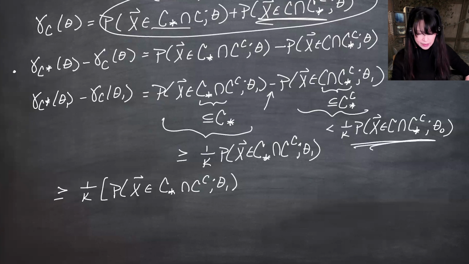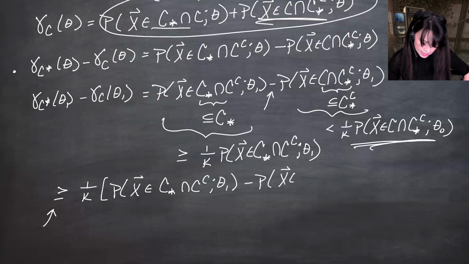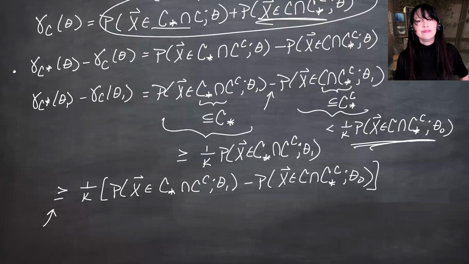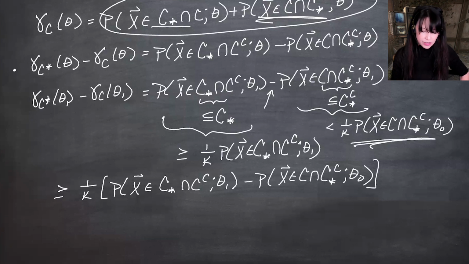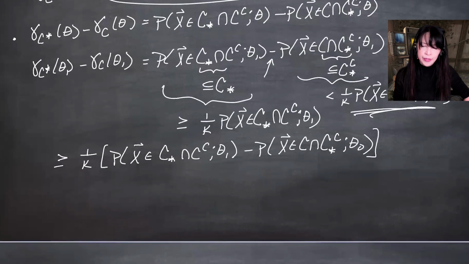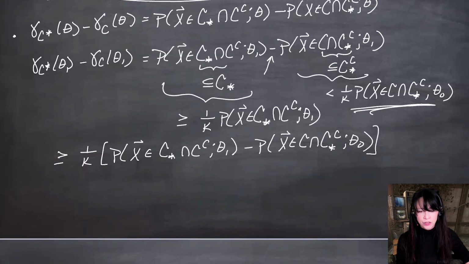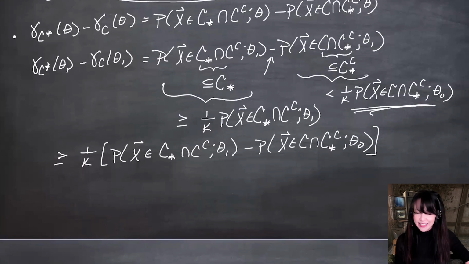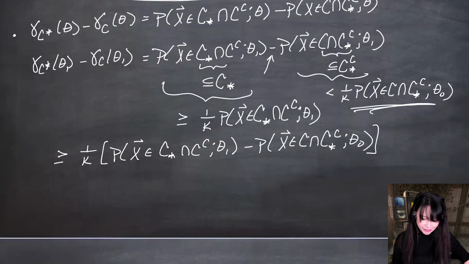So this is the largest thing I could subtract, making overall the right-hand side the smallest, which is why I get this inequality by having minus the probability that x is in C intersects C star complement, theta naught. Hopefully that makes sense. As usual, the hardest part of hypothesis testing, I think, is just all the notation. What we're doing here looks crazy, but it's not really bad at all. It's just so much notation.